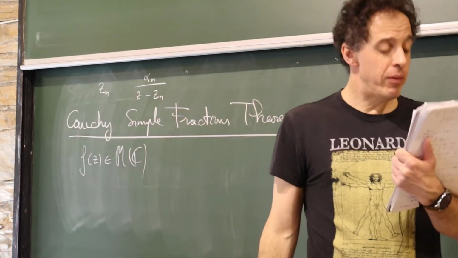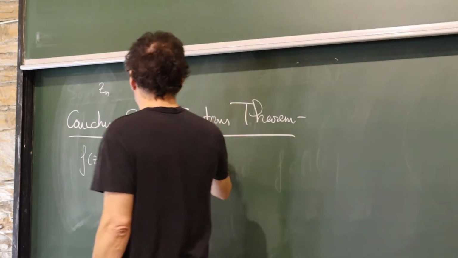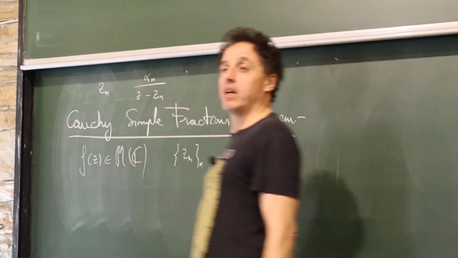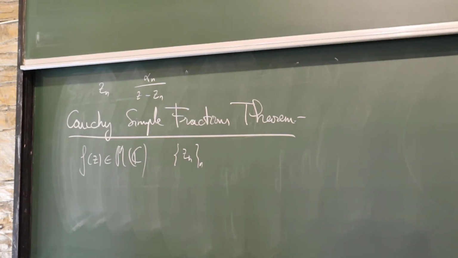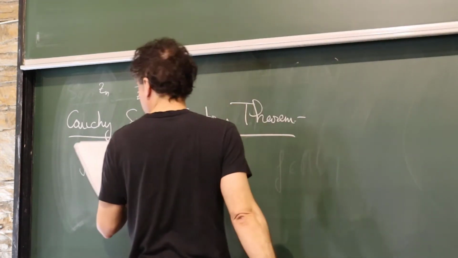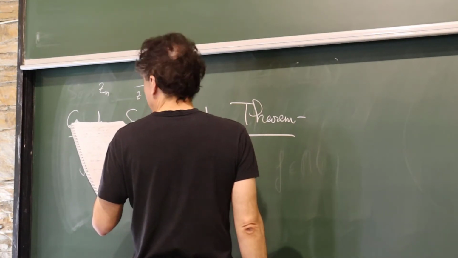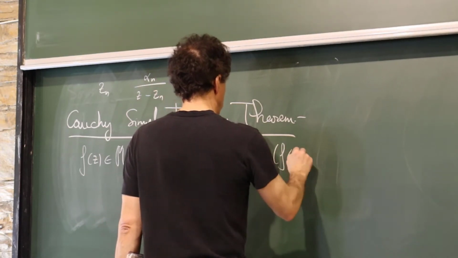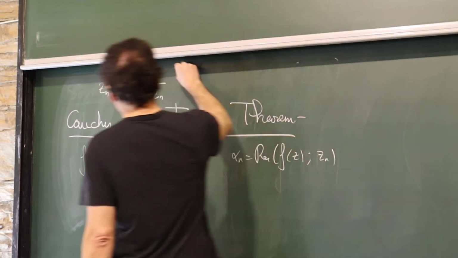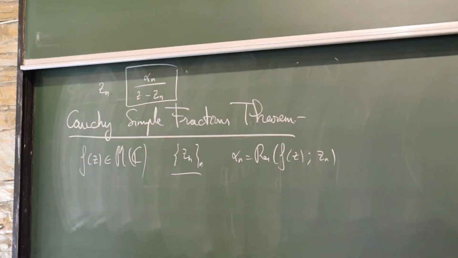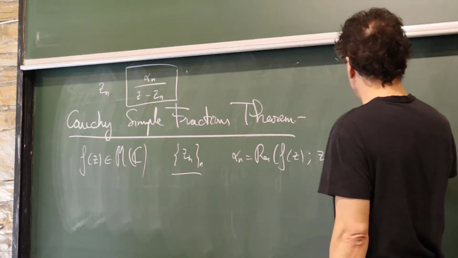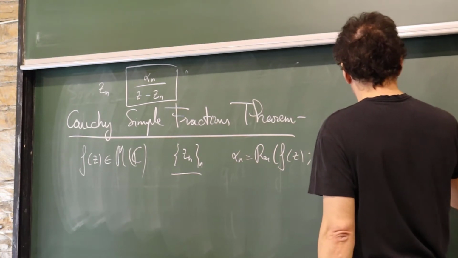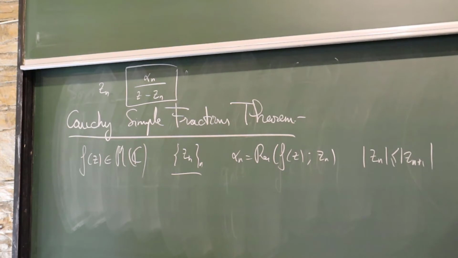Assume you have a meromorphic function on C with simple poles in a set zn. zn is its set of poles, and all poles are simple, with residues alpha n. So this is the principal part at each of these poles. Assume you have your poles ordered in such a way that the moduli are increasing and tending to infinity if you have an infinite number.